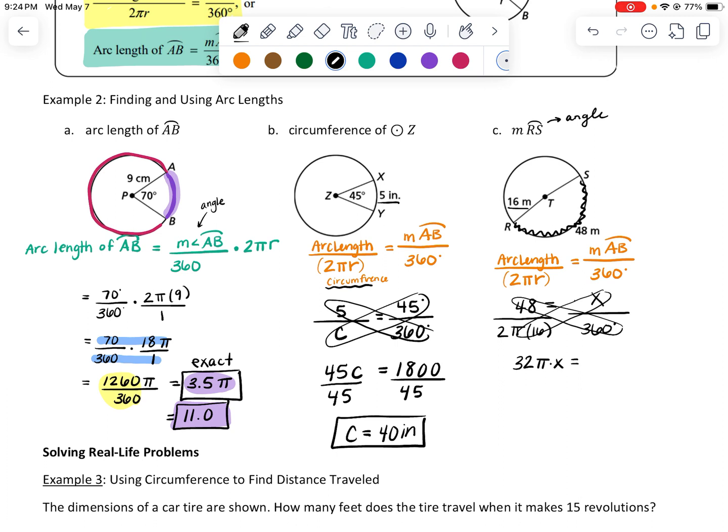Put that in my calculator. 17,280, and then I'm going to divide by 32 pi.